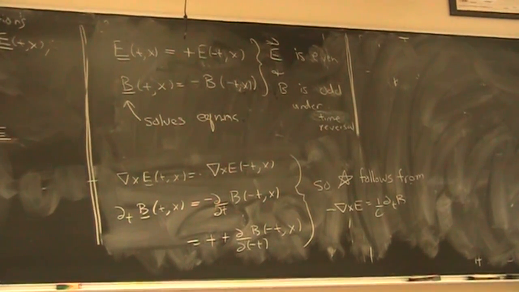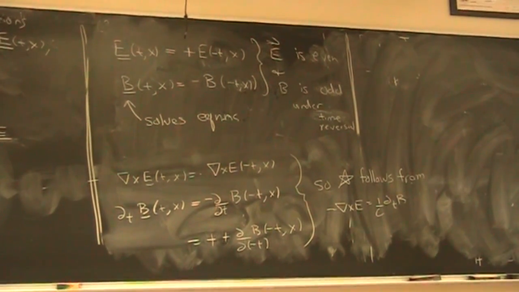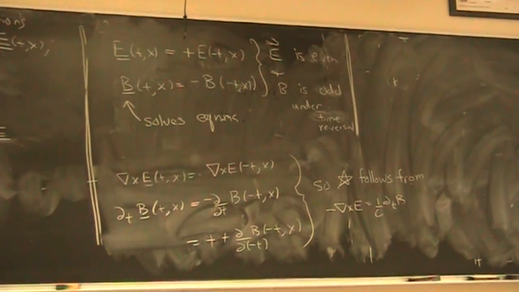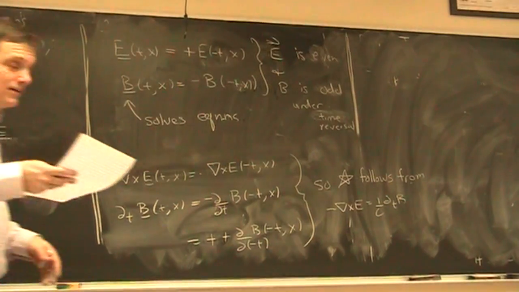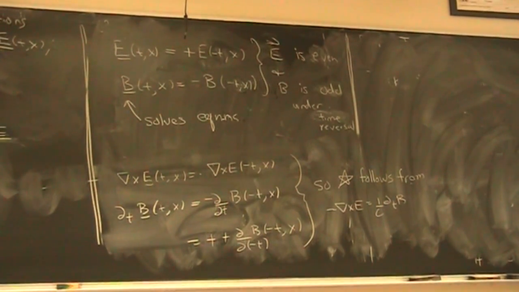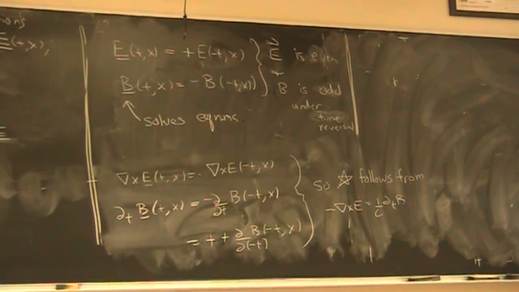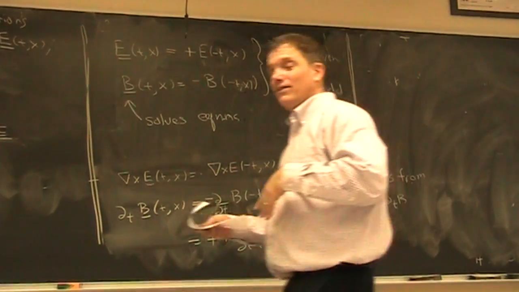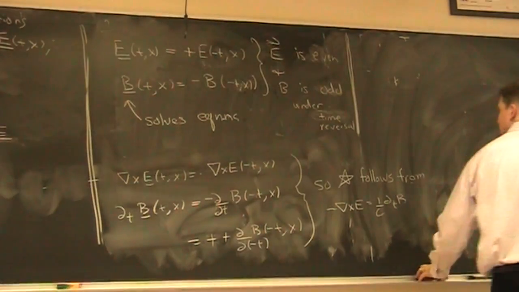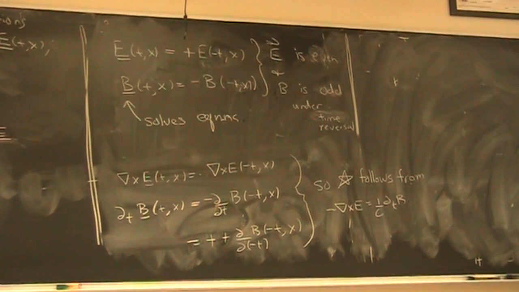E is odd under parity, and even under time reversal. B is even. Okay, good. Now we've got that out of the way.